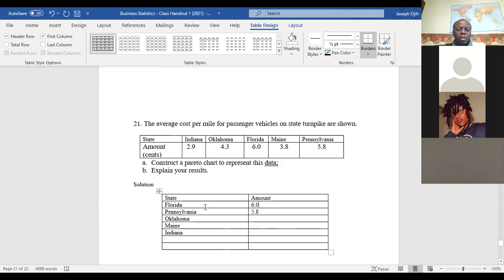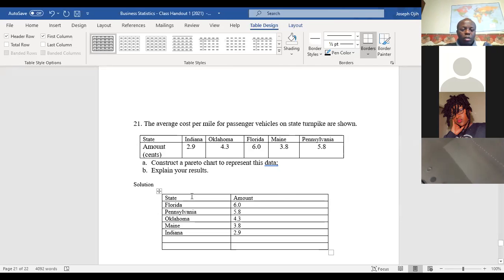Next would be Oklahoma, which is right here, 4.3 cents per mile. These are old data. It might cost more by now. Next would be Maine, which is 3.8 cents per mile. Then the last one is Indiana, which is 2.9 cents per mile.